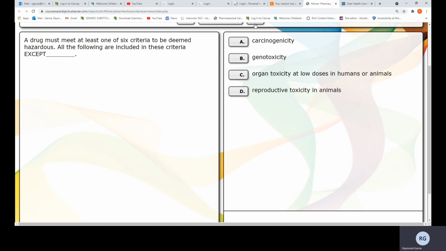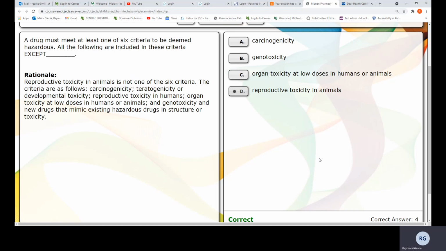Which one? B? Let's see. Good job. Reproductive toxicity in animals is not one of the 6 criteria.